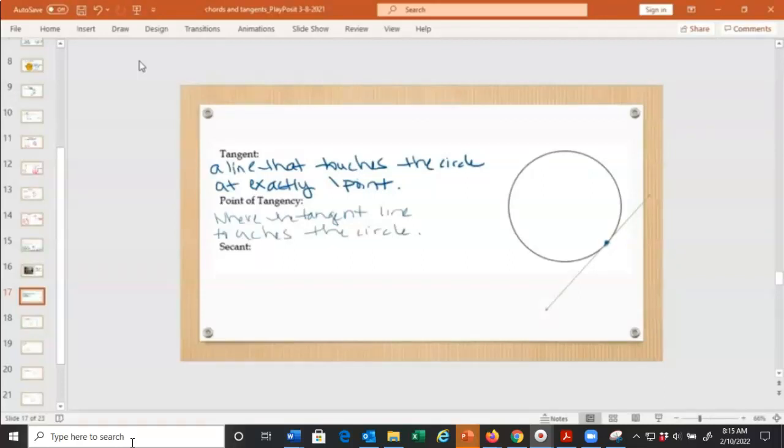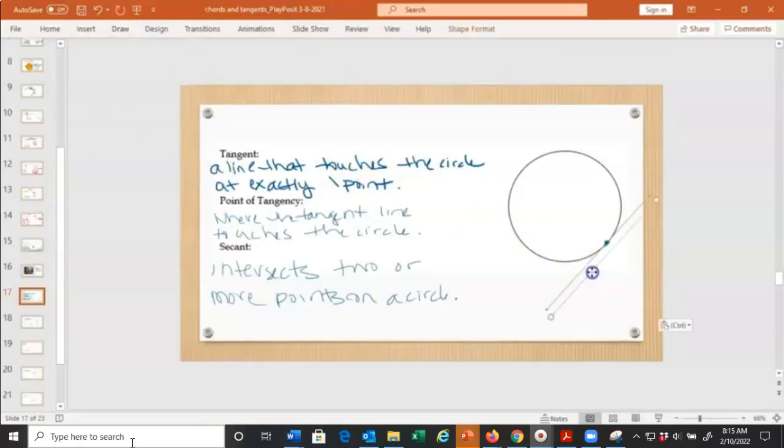The last sort of word on here is secant. So a secant is a line that intersects 2 or more points on a circle. So a secant line is really similar to a chord, except it goes through the circle.